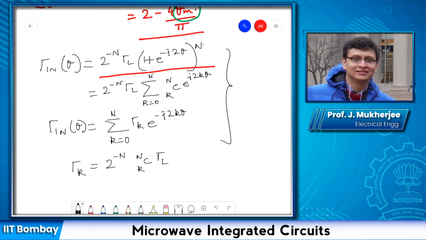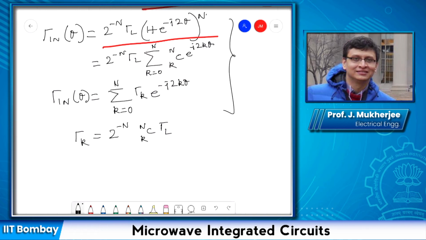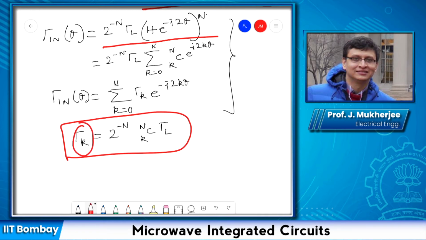Now, what are the conclusions we can observe, or what are the observations of this expression? First is that the values of gamma k are symmetric. That is because nCk is equal to nC(n minus k).